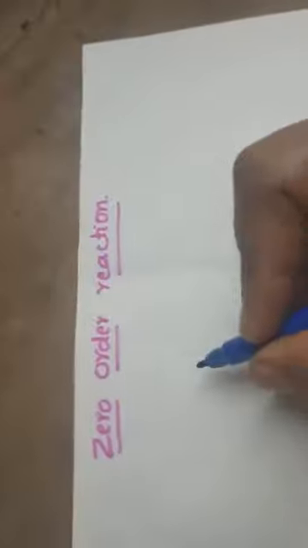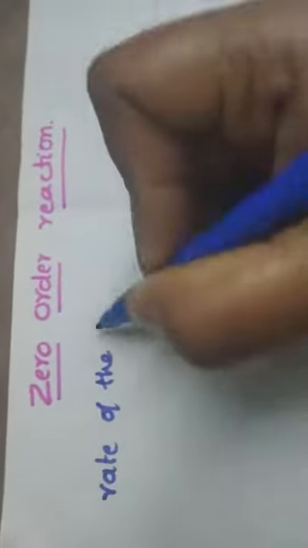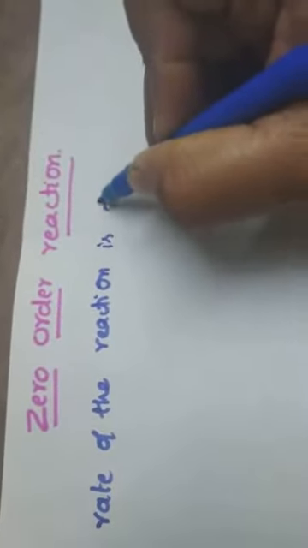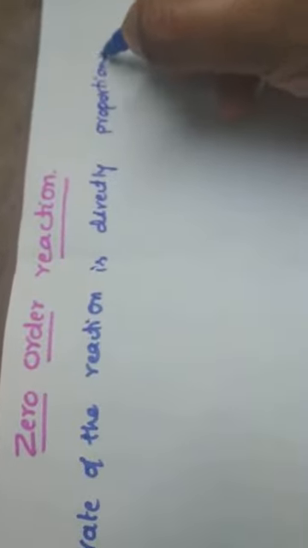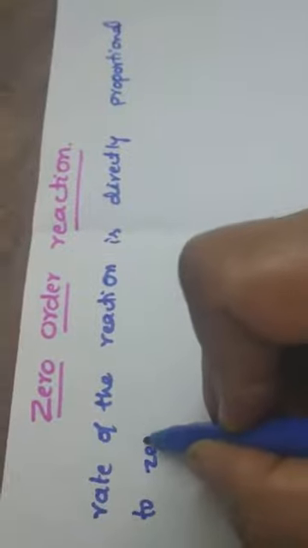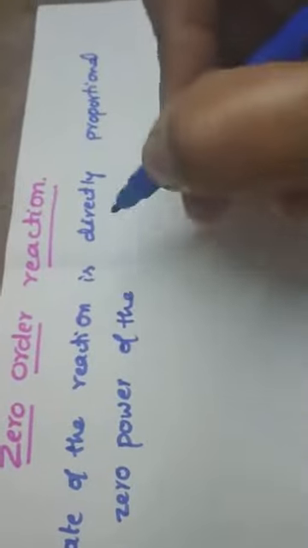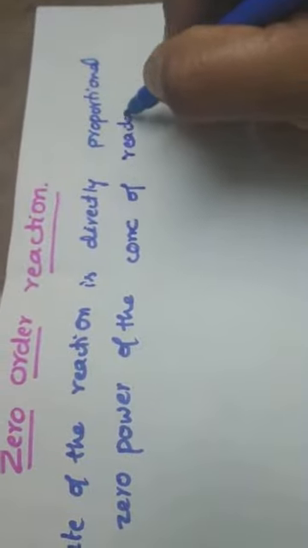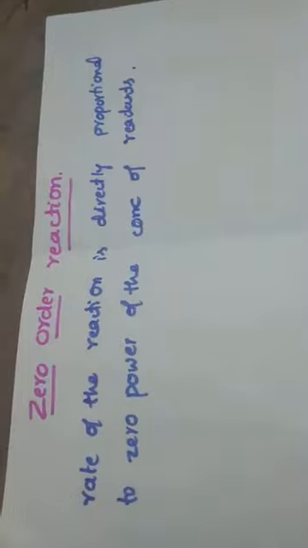Okay, so I'll define: the rate of the reaction is directly proportional to the zeroth power, or 0 power, of the concentration of reactants, and such reactions are called zero order reactions. Okay, the order of the reaction is 0.